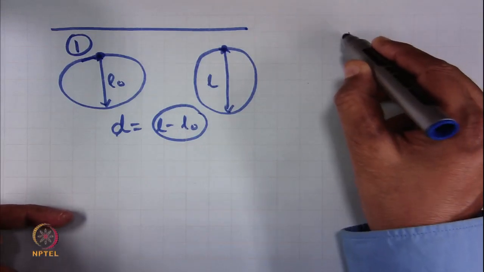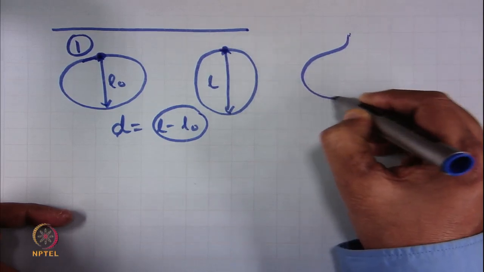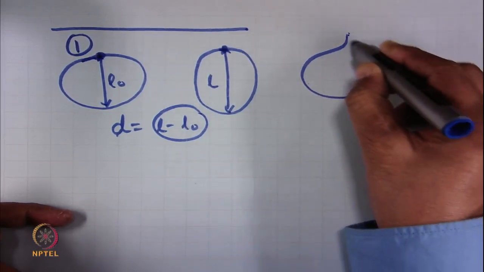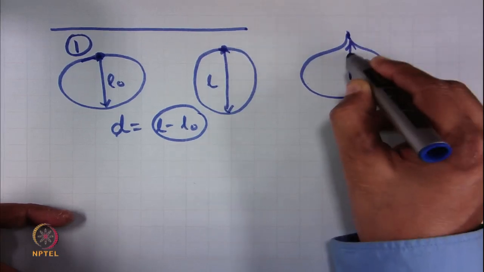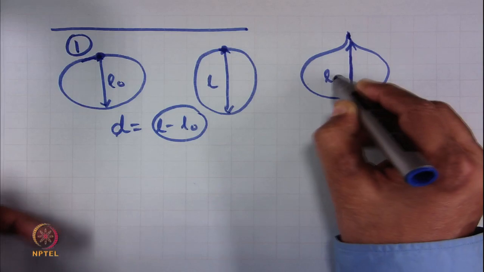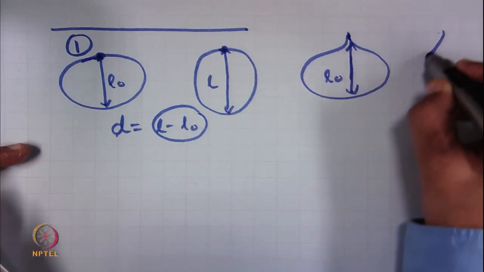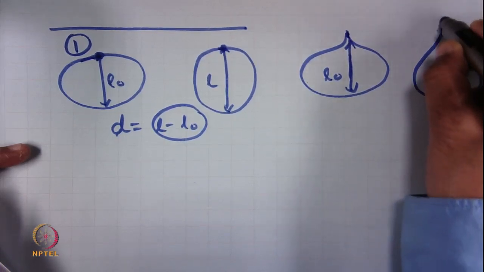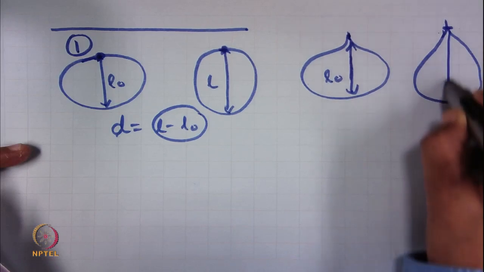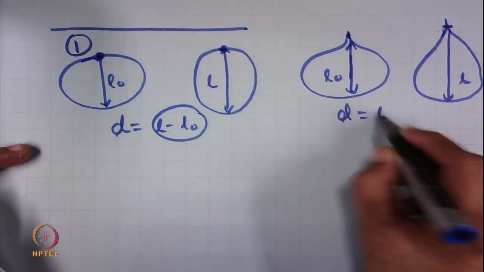So, without deformation, this is the pear loop L0, and on its own mass, if it gets deformed, L. So, D equal to L minus L0.